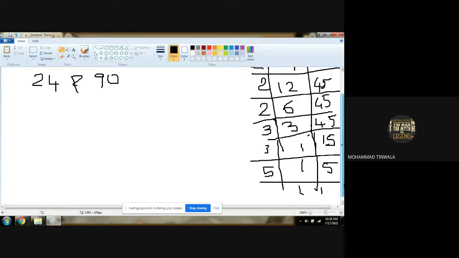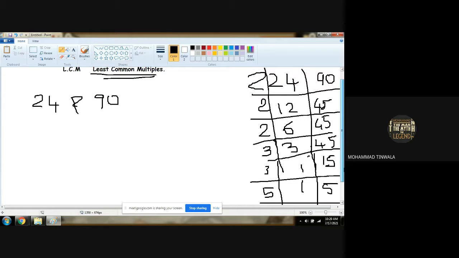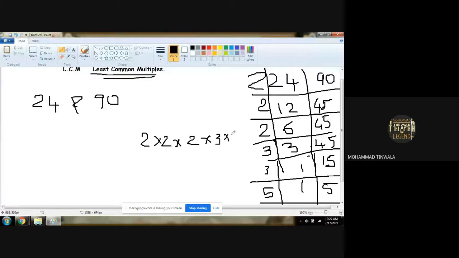So the LCM will be 2 into 2 into 2 into 3 into 3 into 5. Got it? So if you multiply all these numbers, 2 2s are 4, 4 2s are 8.